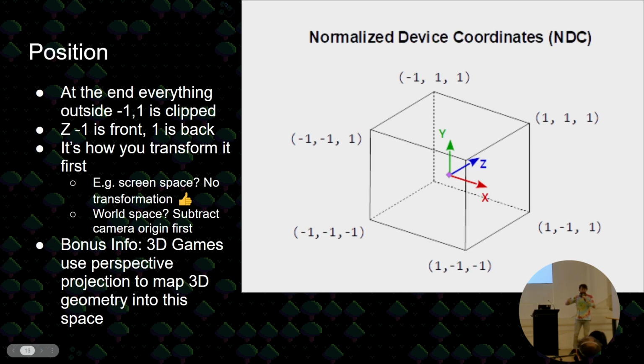The z-axis is the depth to the camera, so we're doing z ordering based off the z coordinate of the position. Bonus information: 3D games use a perspective projection matrix to take a 3D scene and crunch it into that space.